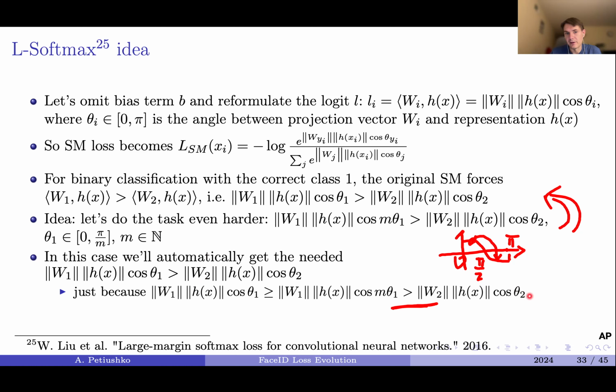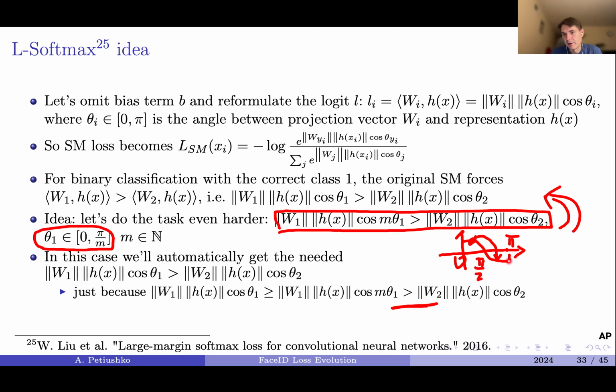This is cosine theta 2. In this case, if we can get this, we would have this, but at the same time we need to be careful about this thing. Why do we need this constraint?